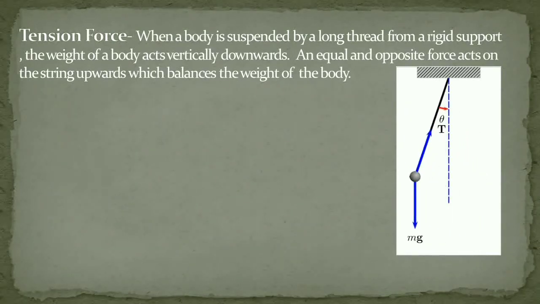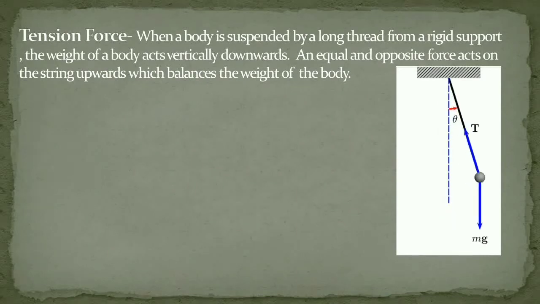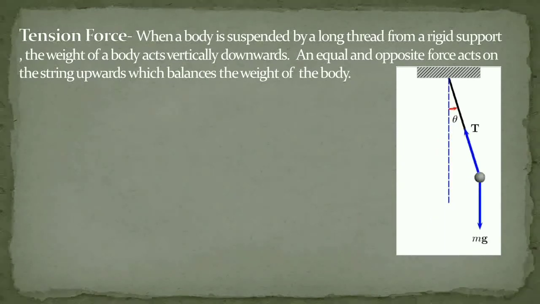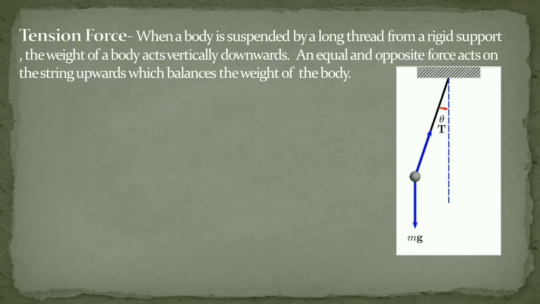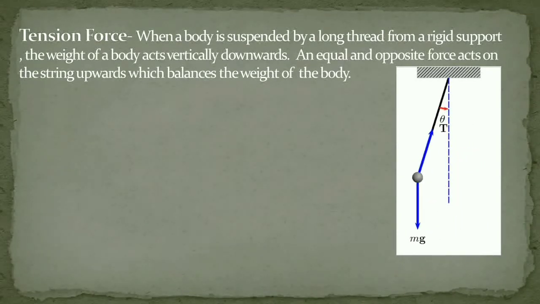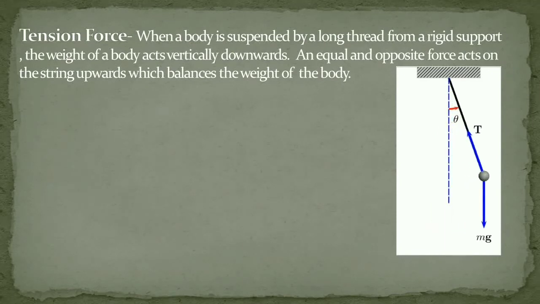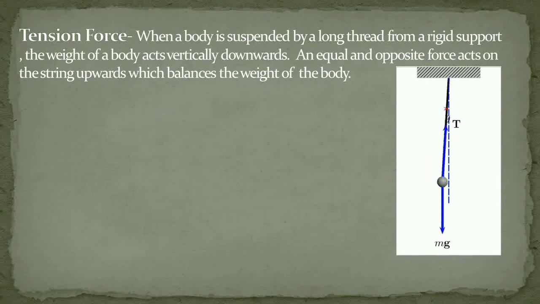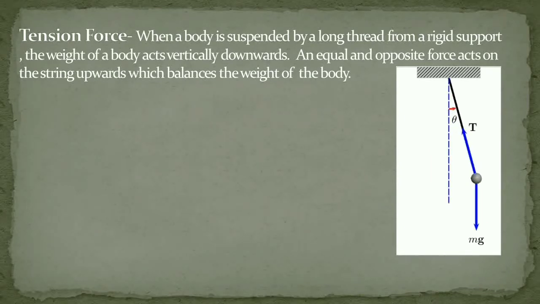The tension force is the same everywhere if the string is massless, and it always acts on a string towards the point from which the string is suspended. You can see here that T is the tension force.